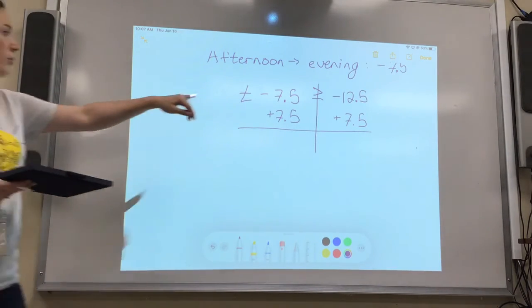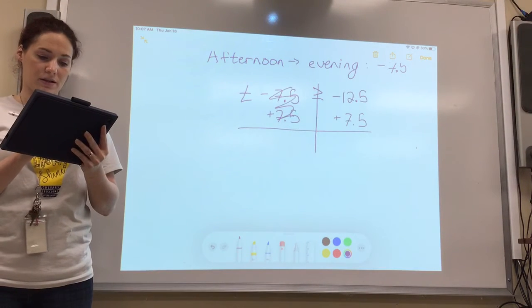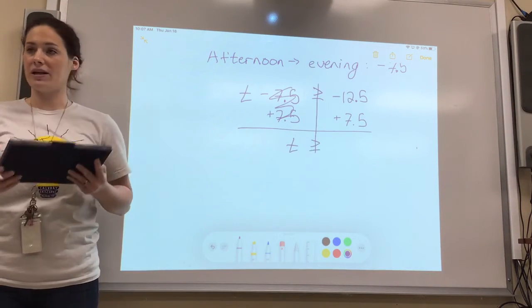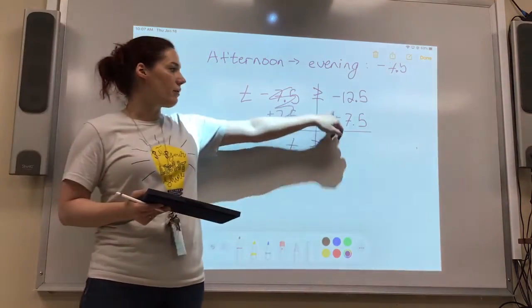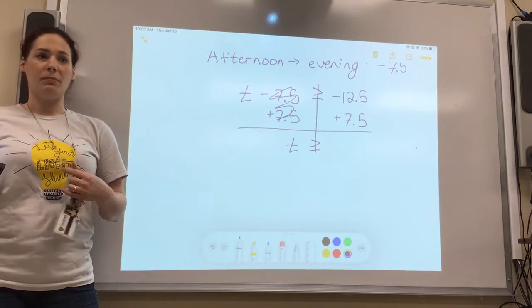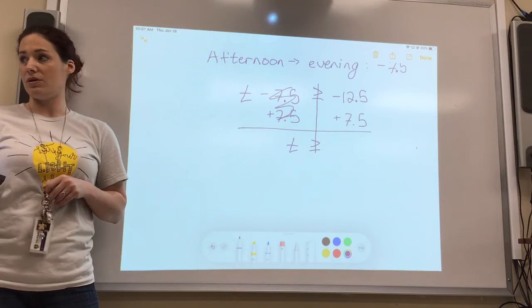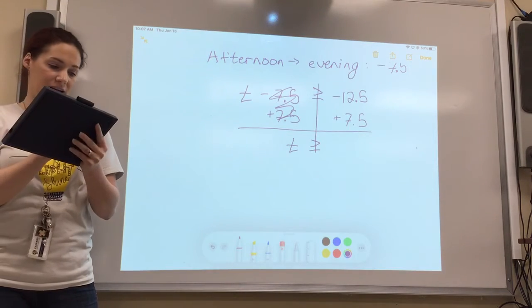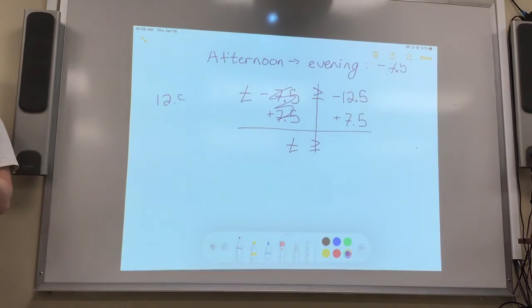The minus 7.5 plus 7.5 cancel. T, make sure you bring down greater than or equal to. I do have to figure out this math on the right hand side. Since the 12.5 is negative, but the 7.5 is positive, do I add them or subtract them? I have to subtract them. So off to the side here, I'm going to do 12.5 subtract 7.5. That's 5.